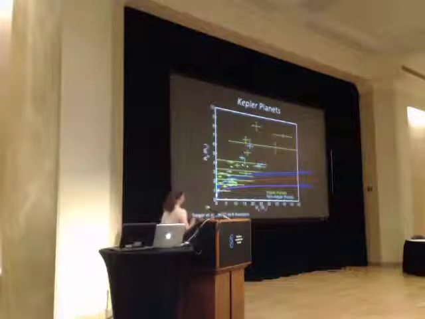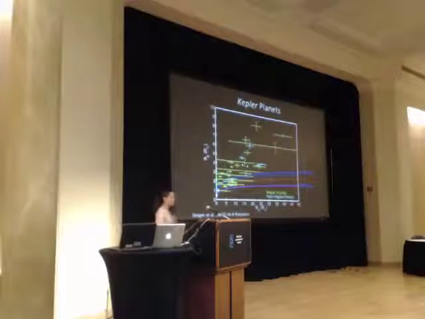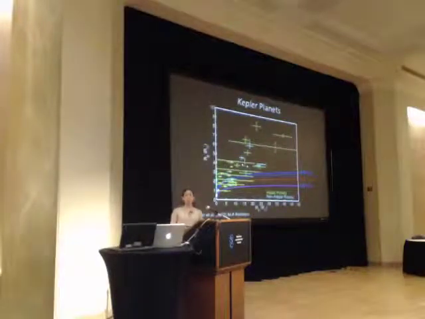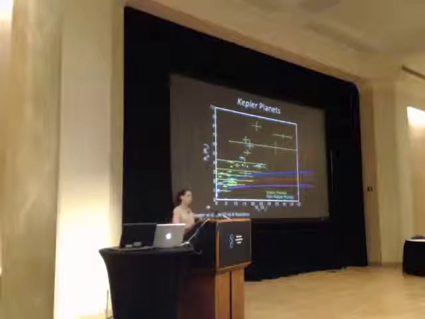So each of these green points are Kepler planets that have been publicly announced to date, but we can look forward to many more Kepler planets with measured masses to be released in the near future. And I'll describe a little bit about those now.